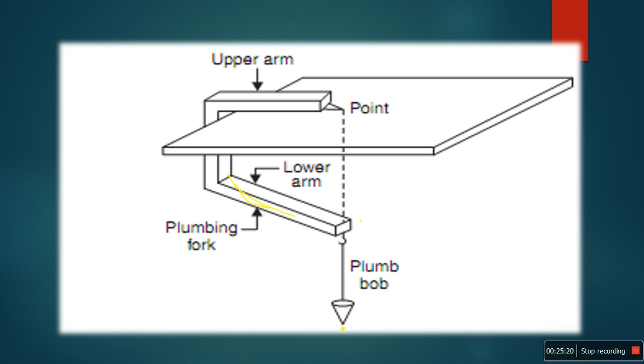Then move your plane table tripod legs with respect to the points. When the plumb bob is exactly over the ground station, our point will be here. Then you mark the ground station on the drawing sheet point. So this is the use of the U fork with a plumb bob.